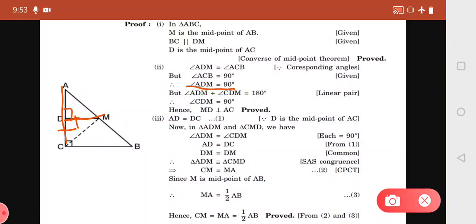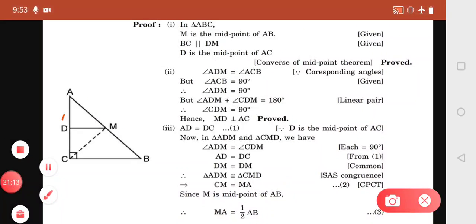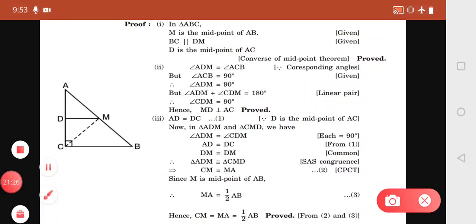And for the third proof, since D is the midpoint of line segment AC, we get AD equal to CD. Now in triangle ADM and triangle CDM, we get angle ADM equal to angle CDM. These two angles are equal, both are 90 degrees.